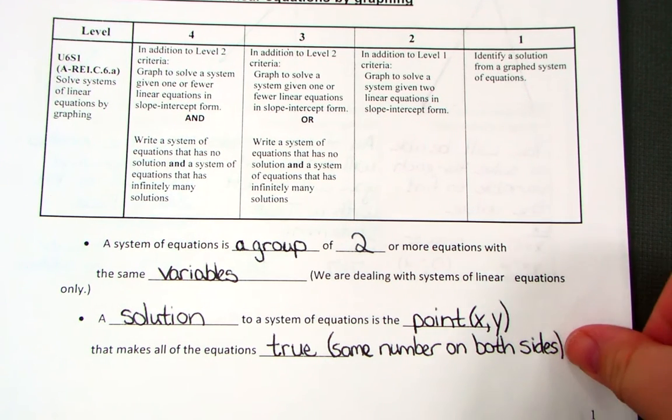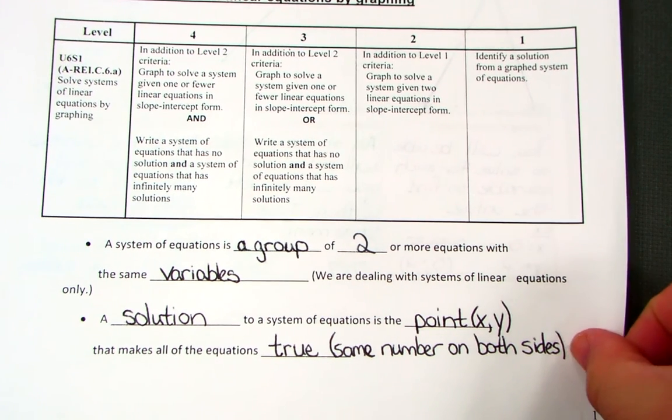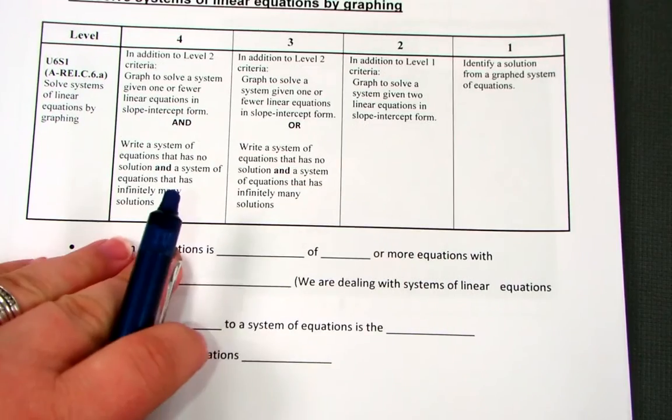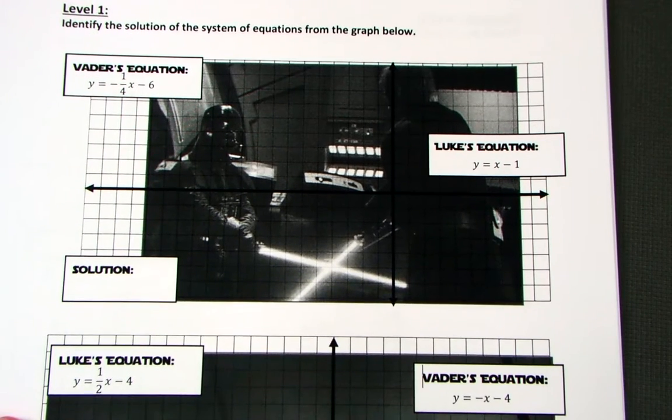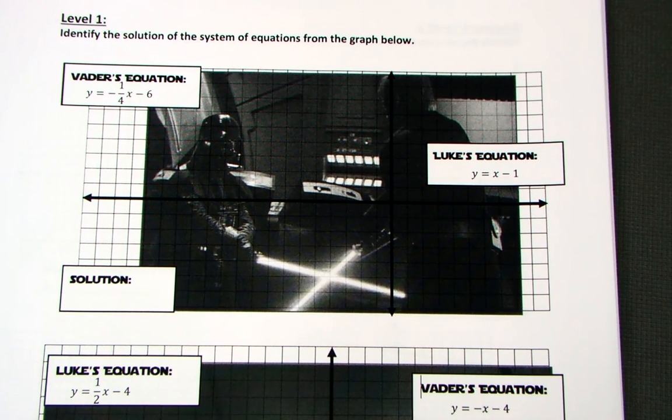Let's go ahead and take a look at our level 1 here for our first system. So I have a picture here to help us visualize what's happening with the system of equations. We are going to identify the solution of the system of equations from the graph below. You'll see that we have Darth Vader and Luke Skywalker, and their lightsabers have crossed, forming linear equations.